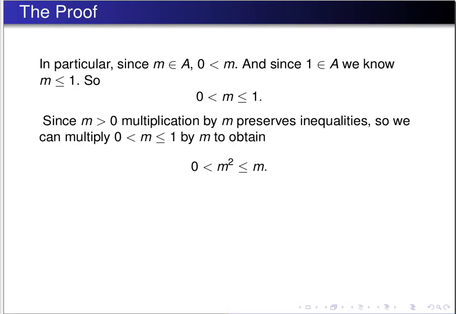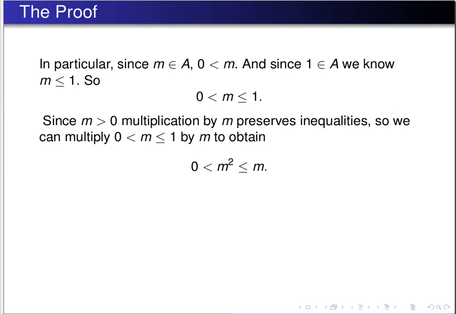Now m is bigger than 0, so we can multiply by m and preserve inequalities. So if we multiply through by m in that inequality, all the inequalities will stay the same, and we'll get 0 is less than m squared, which is less than or equal to m.